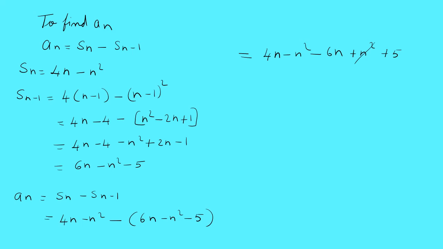N square minus n square getting cancelled. 4n minus 6n, that is minus 2n plus 5, that is equal to 5 minus 2n. Therefore, the nth term An equal to 5 minus 2n.